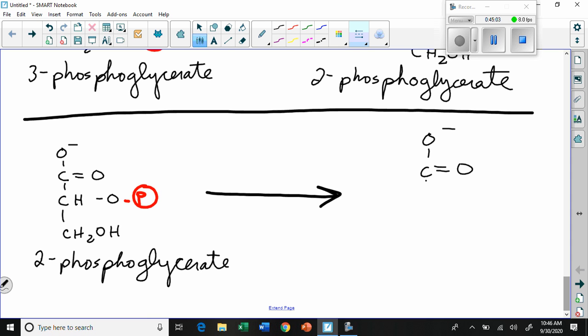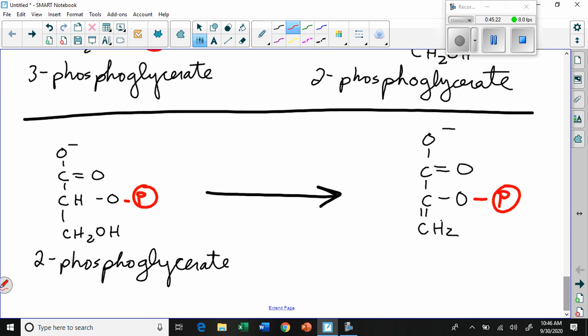So O, and then we have a C double bond O, and then we have a C and an O, and then a double bond, CH2 at the bottom. And the phosphate is still attached to that O, so we'll put the phosphate right here.